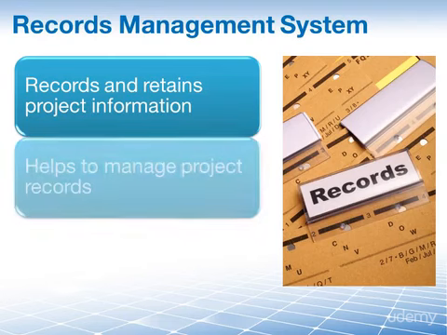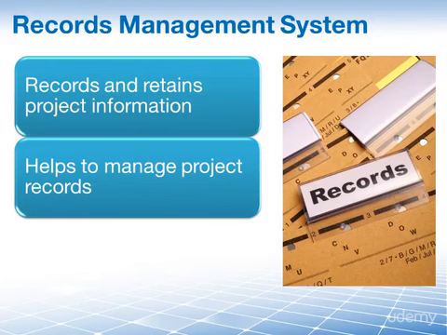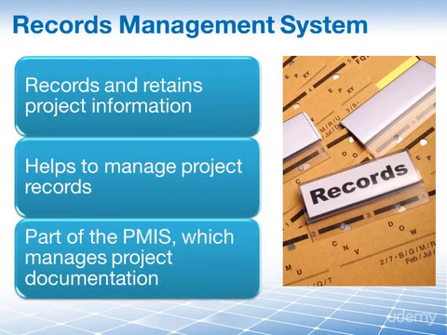This system will help you to manage your records, your contract records, to be precise in this particular process. It allows you to file and retrieve all contract documentation, including, for instance, your correspondence. Quite often, this is part of your PMIS, the Project Management Information System, which manages all the documents of your project.